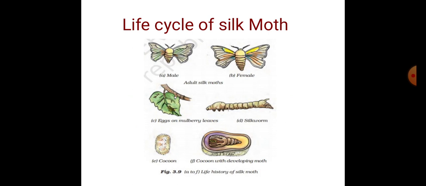So, in the first stage, the female silk moth lays eggs on the leaves of a tree called mulberry tree. The worm-like larva called caterpillar or silkworm hatches out from eggs in 2 weeks time. Within 2 weeks, the silkworm feeds on the leaves of mulberry tree and grows bigger in size.